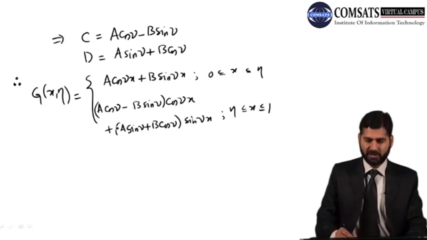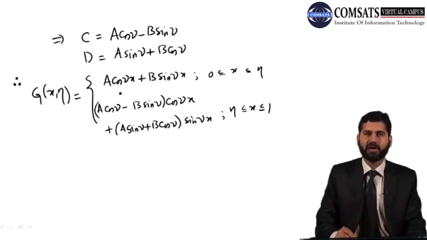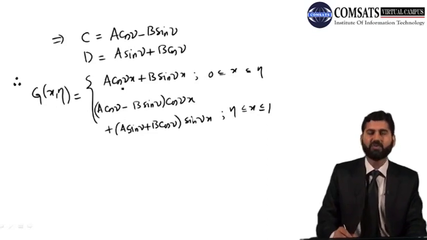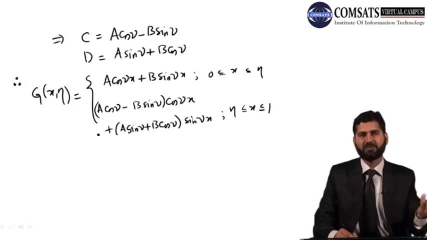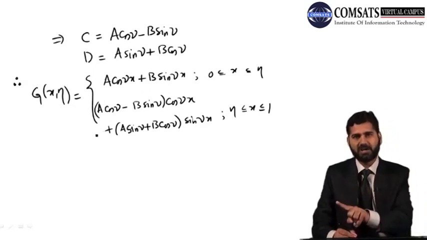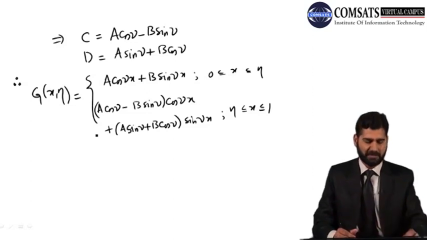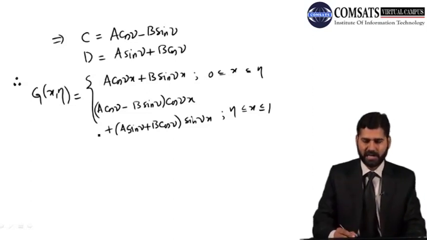All right, so this is what you got. So from 4 unknown constants, I have 2 unknown constants, A and B. So first of all, let's simplify this second expression, and then we will use the continuity condition. The continuity condition will convert these 2 unknowns to just 1 unknown, and then the jump condition will determine the value of that 1 unknown, and we will completely determine the Green's function.